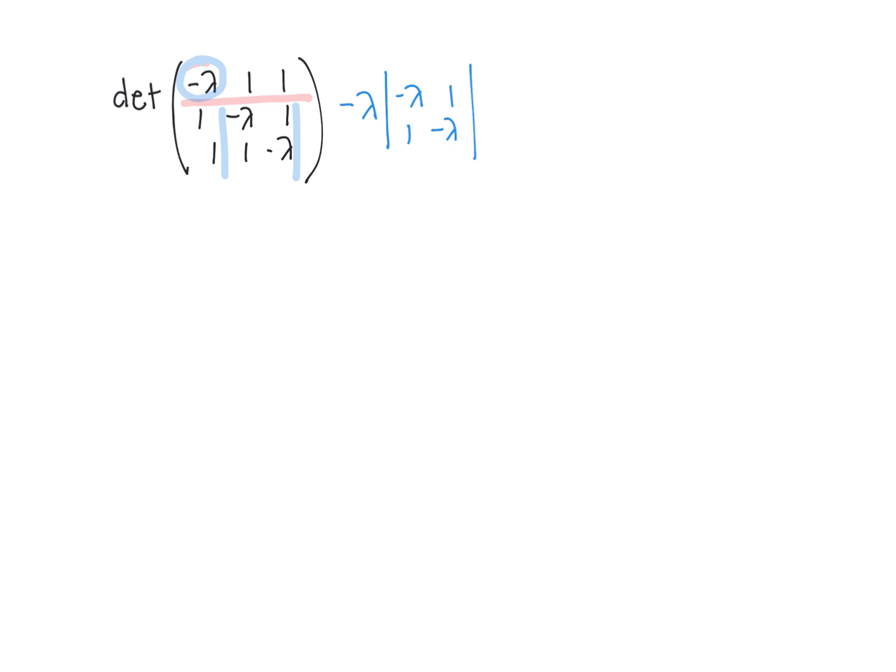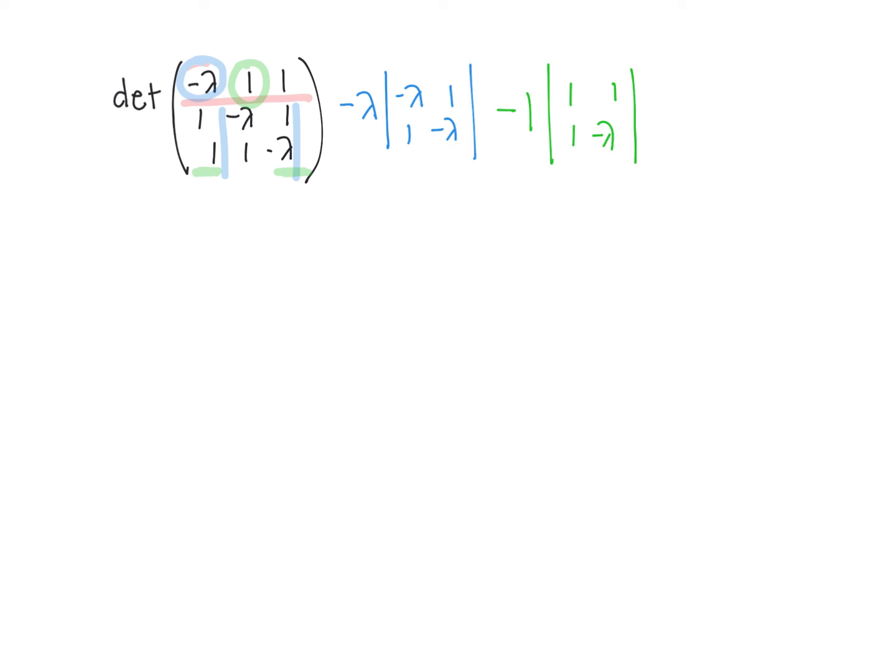Right? And then I'm going to take and multiply this term, 1. So it's going to be minus, and remember it's always minus the middle term, minus 1 times the determinant of, and then we use this column and this column. So we get 1, 1, 1, negative lambda.